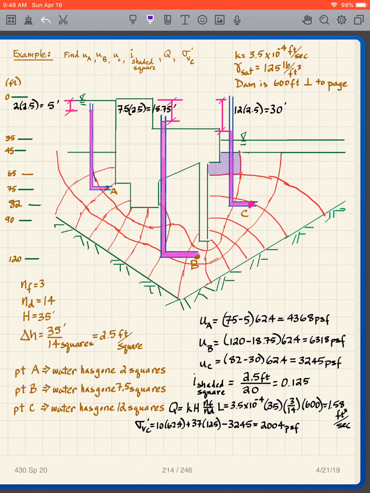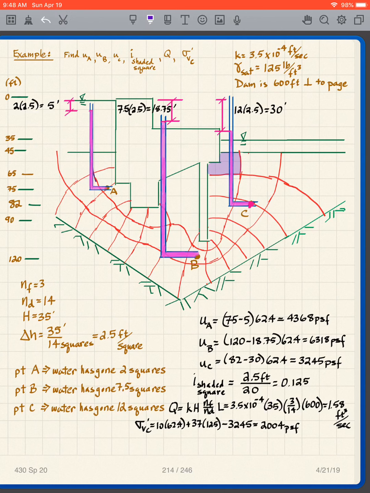The number of flow paths is 3: 1 path, 2 path, 3 paths. So I have N_F over N_D, 3 over 14. My L was given to be 600. I multiply all that out, and I get 1.58 cubic feet per second. So that gives me my Q.